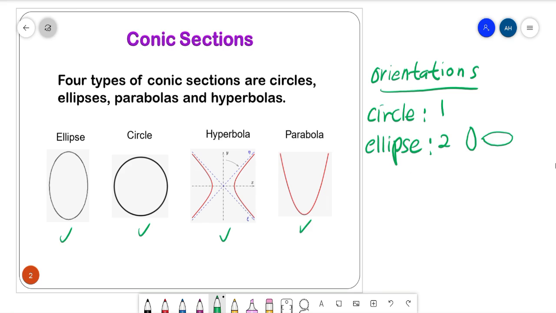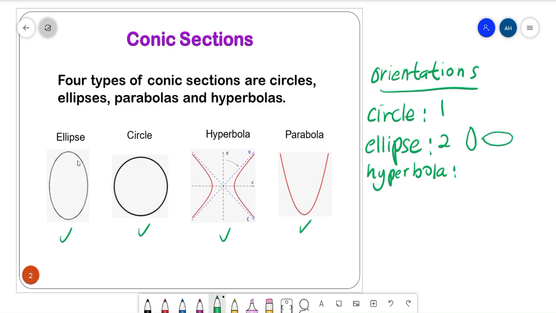Now for a hyperbola, we want to check how many orientations we have. If we look at this diagram, this is one orientation: one component is facing to the right, that is this part, and the other one is facing to the left. These two shapes together we consider as one orientation.